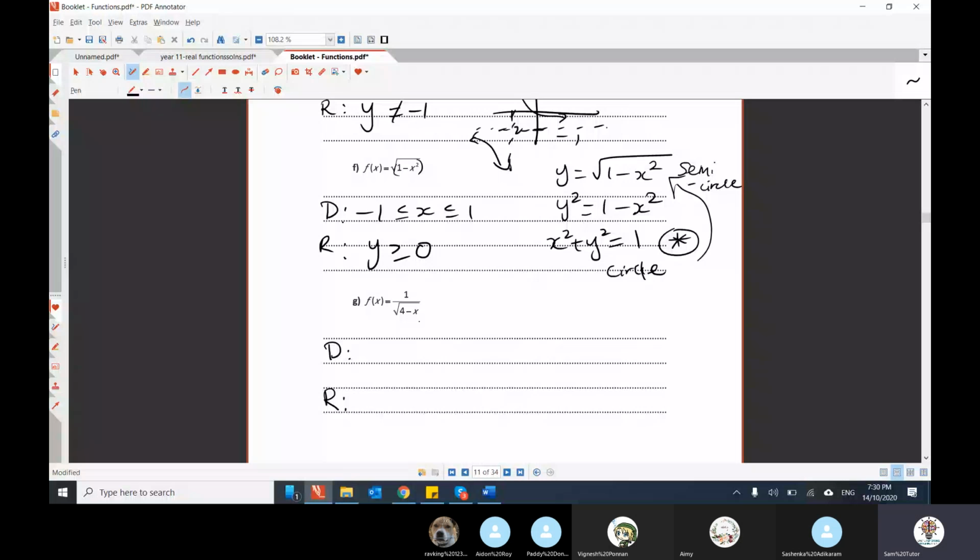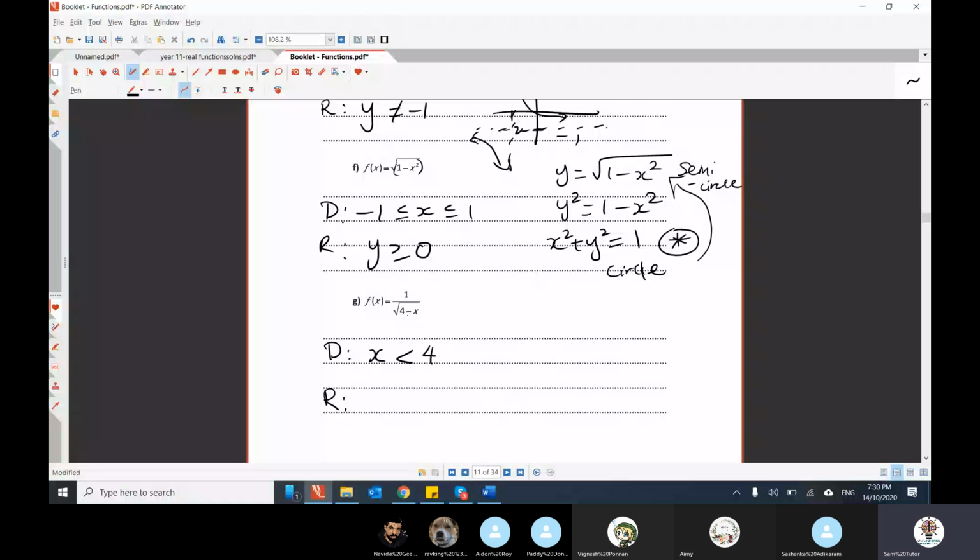No. Can I have x as 4? No. Can I have x as 3.9? Yes. So therefore, x can be less than 4, but not equal to 4, because then you're going to have the problem with the denominator.